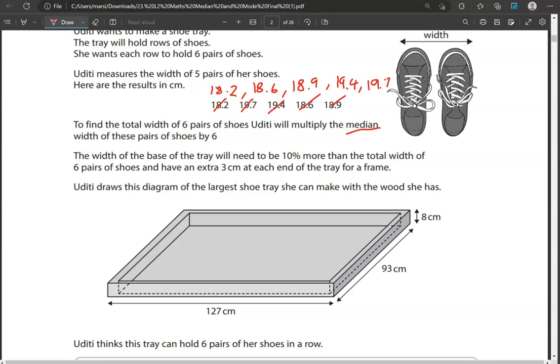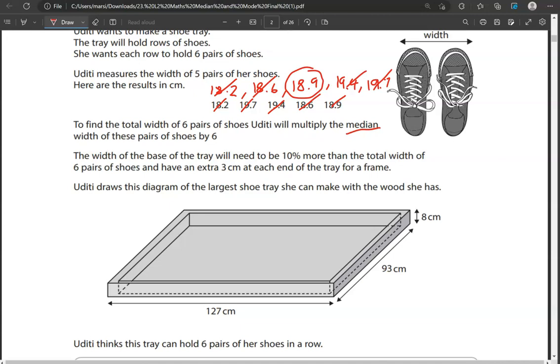So we've put them in order. Now we're going to find the number that sits in the middle. To do that, I'm going to cross the numbers one at each time. So we've got one number in the middle, which is 18.9. So that is the median width of a pair of shoes.